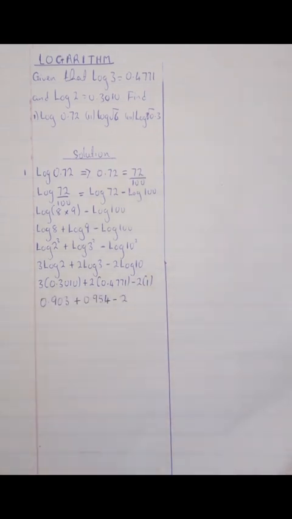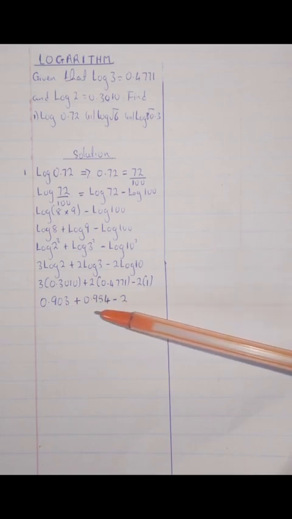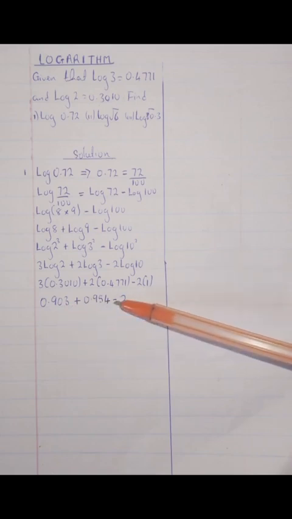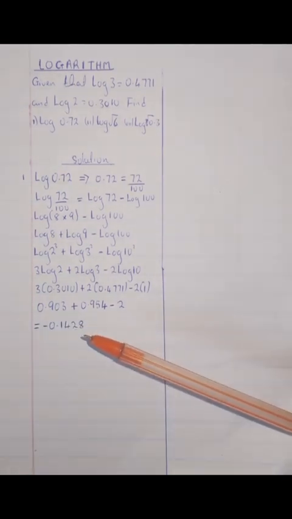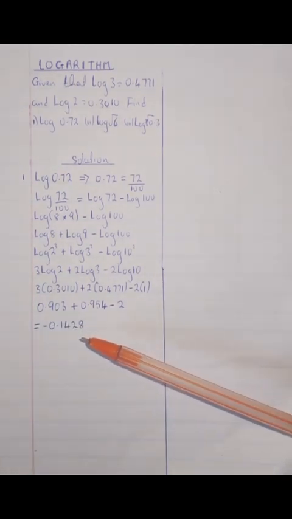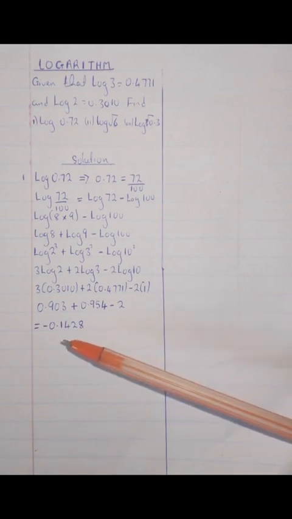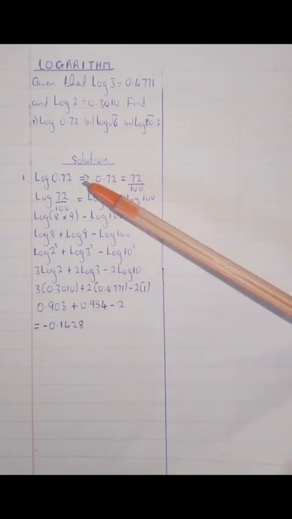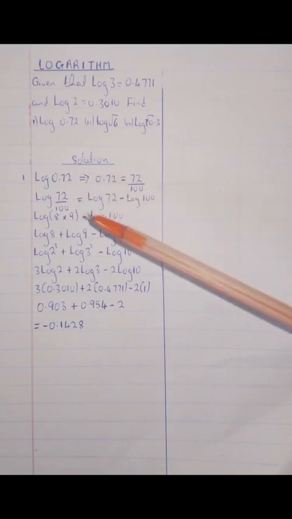So we'll be having 0.903 plus 0.954 minus 2. And if we solve correctly, we have minus 0.1428. So you can see it's very easy to solve. This is our final answer. This is just the answer to this whole stuff we've established here. So log 0.72 equals minus 0.1428.